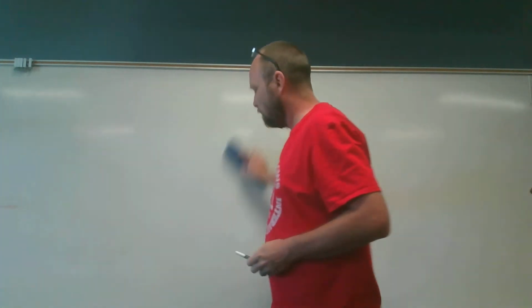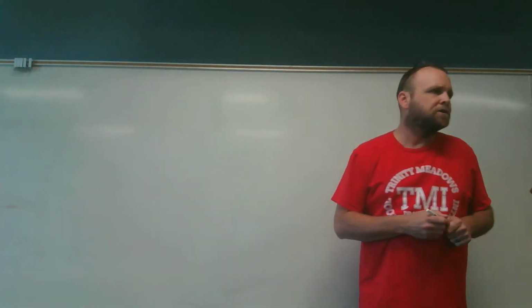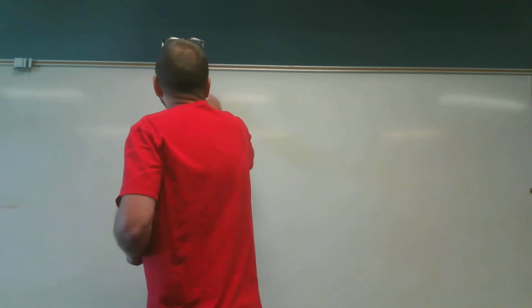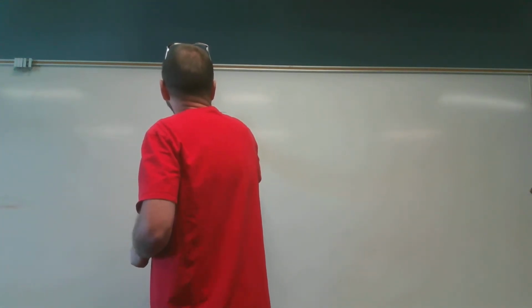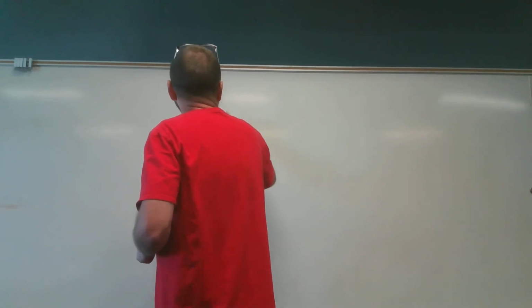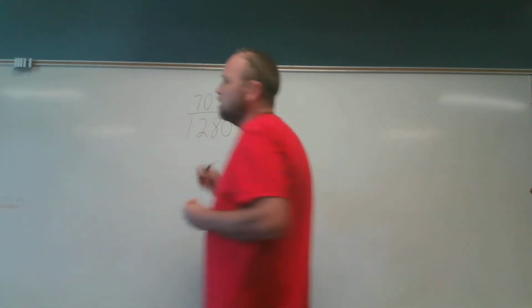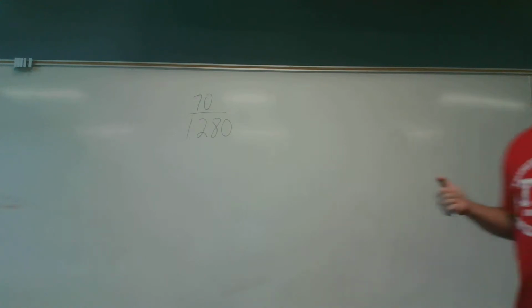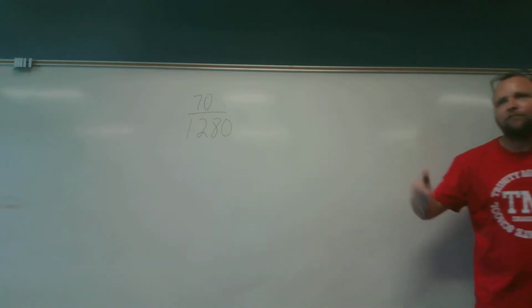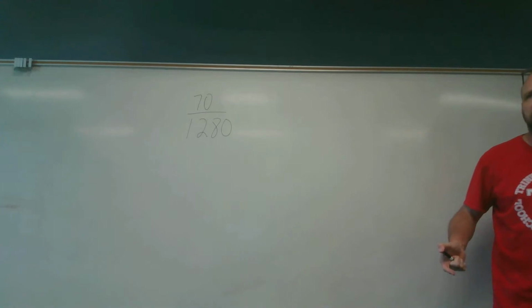All right, let's look at another one. A little simpler. 70 over 1,280. Much simpler. What is going to be a factor of both of these?